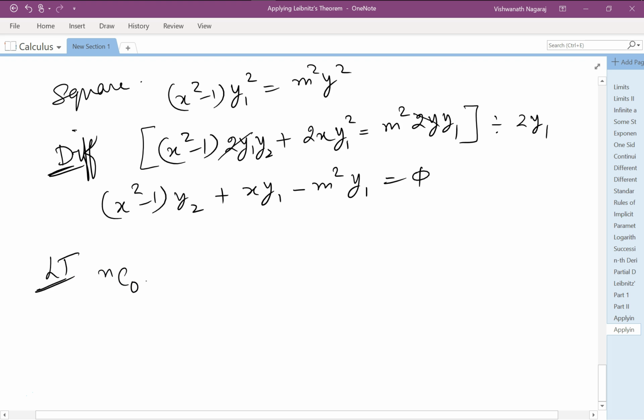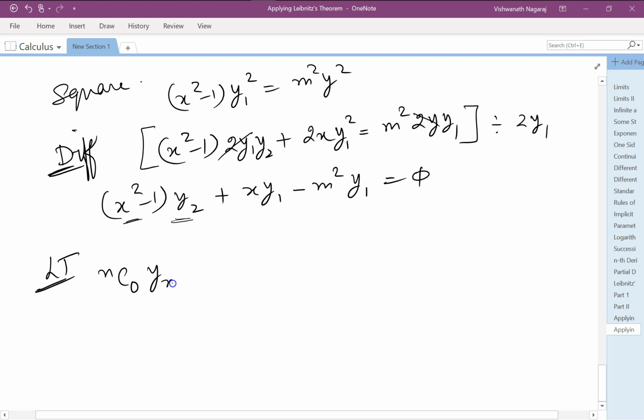nC0. Now you might be wondering why I keep writing the same statement again and again. Why don't I jump steps? The chance of making mistakes is very high. So let's say y2 is our u and this is our v.